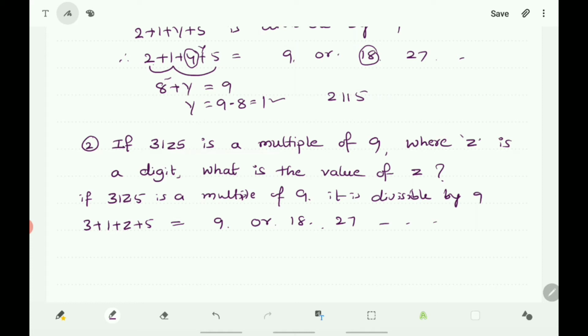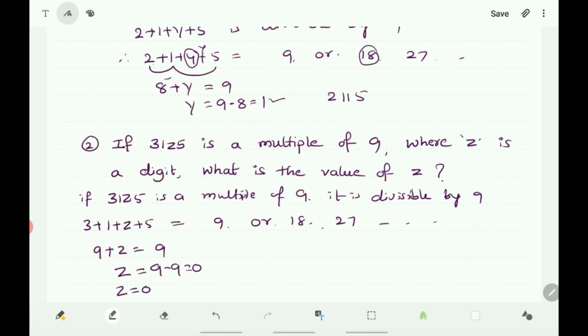So first let us try to have 9 here. First, what is the sum of these 3, 1 and 5? That is 3 plus 1 is 4, 4 plus 5 is 9. 9 plus z is equal to 9, so z is equal to 9 minus 9 is equal to 0. Here you got the value of z, that is 0, which is a digit.